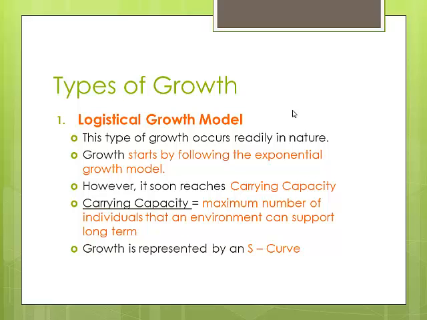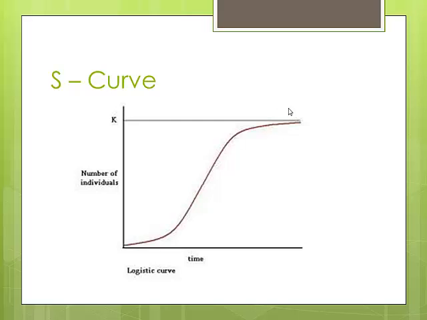With a carrying capacity, you'll start to see a die back of the population after it has exceeded the amount of resources that could support it. And this is represented by an S curve. An S curve starts slow, speeds up, and then balances off. The K is the carrying capacity. You see it's shaped like an S.